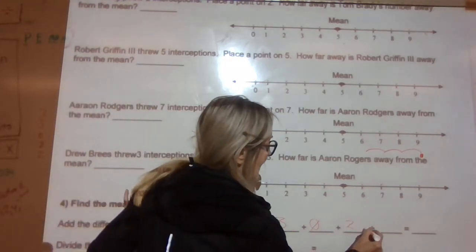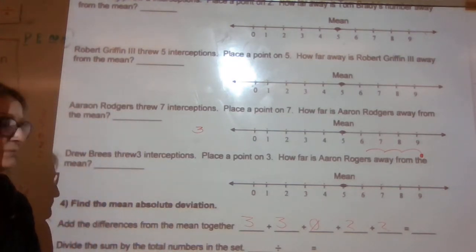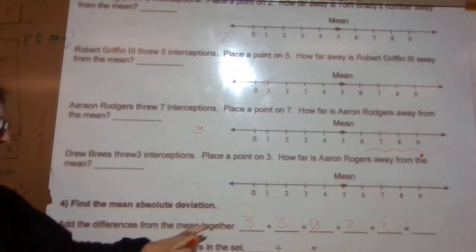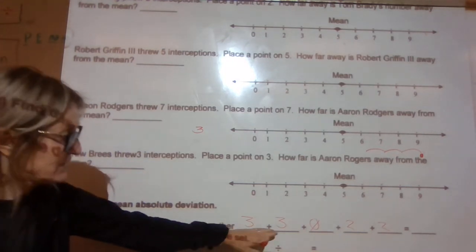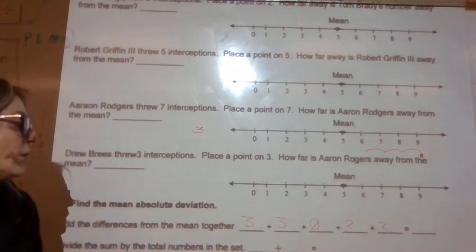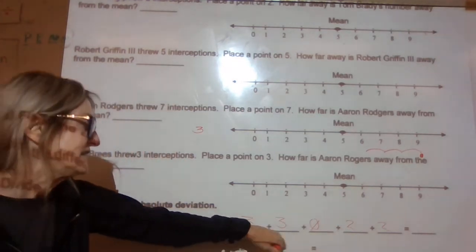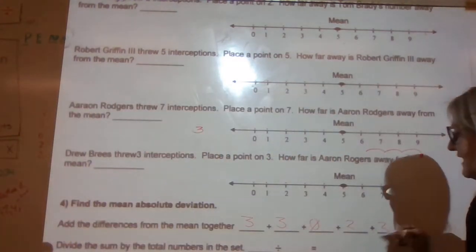And then our last 2 quarterbacks were both 2 away. So I filled in my data for my 5 quarterbacks: 3, 3, 0, 2, and 2. So if I add that together, I get 6, and 0 is still 6, and 4 more makes 10.